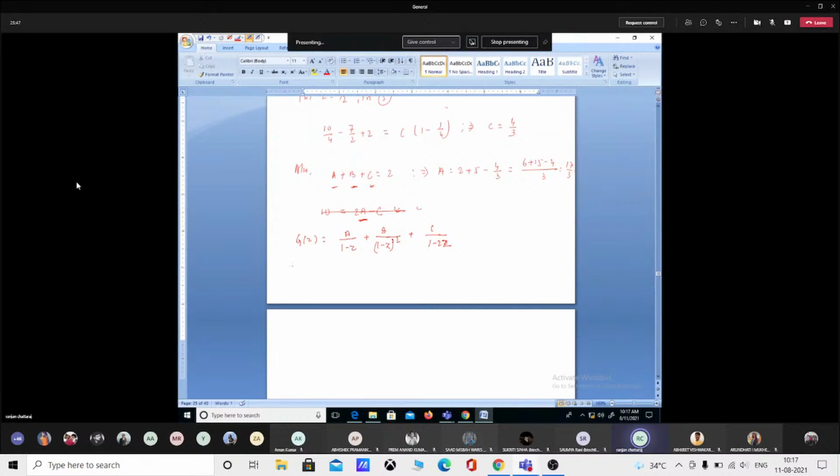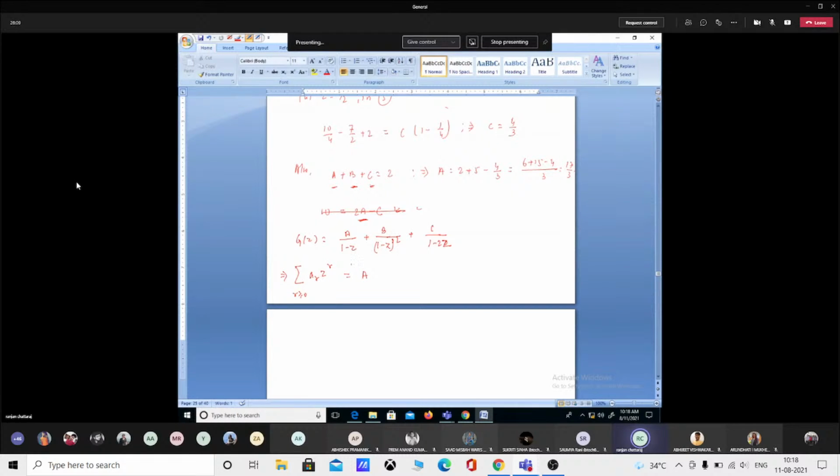Don't bother about it. Now, Gz can be written as the sum of a_r z to the power r, and is equal to a, whatever may be the value. Here a will come 17 by 3, whatever may be.